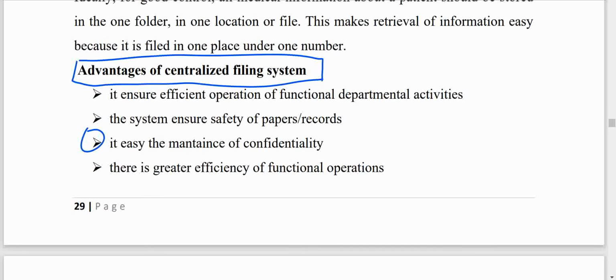Number three, it is easy. It is the maintenance of confidentiality. When you're using this system, of course, protecting confidentiality becomes very simple because you are going to be guarding one location. But if you have various locations, you may not be able to control what is happening in those departments in your absence. So the confidentiality may be breached and all that.